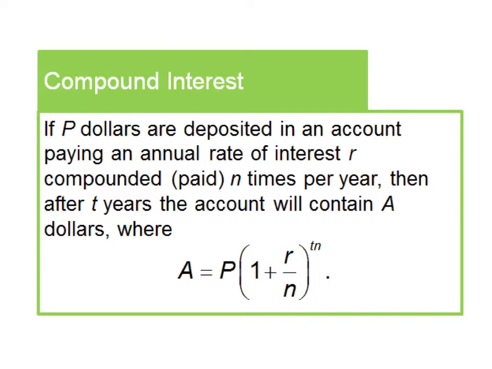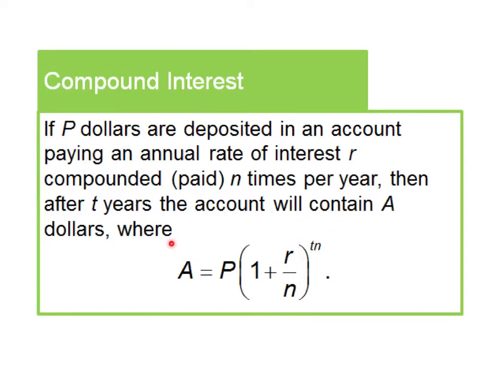For example, we could pay semi-annually, in which case there would be 2 payments per year, and you divide the interest rate by the number of payments you make. Or you could pay quarterly, which would mean 4 payments a year, or monthly would mean 12 payments a year, or you could pay daily.